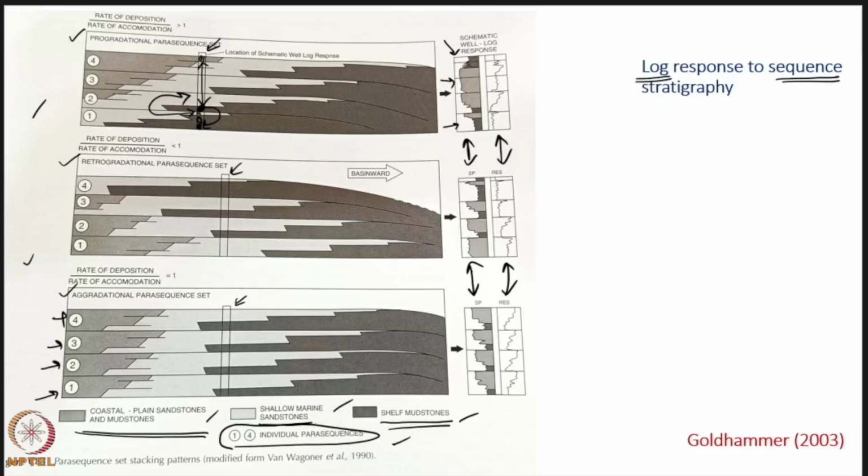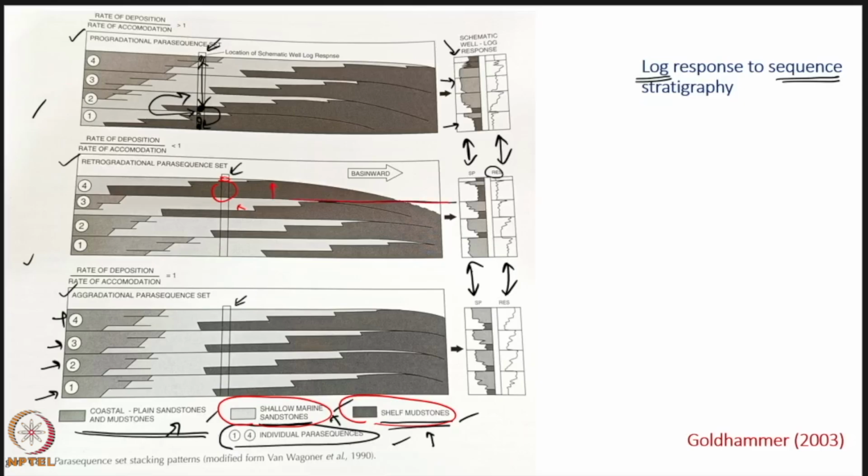Depending on the geophysical parameters in the shelf mudstone, shallow marine sandstones and coastal plain sandstones, the curves show this kind of variations. When we are looking at the resistivity log from the shallow marine sandstones here into the shelf mudstone here, and then again into the shallow marine sandstone here, let us consider this boundary.